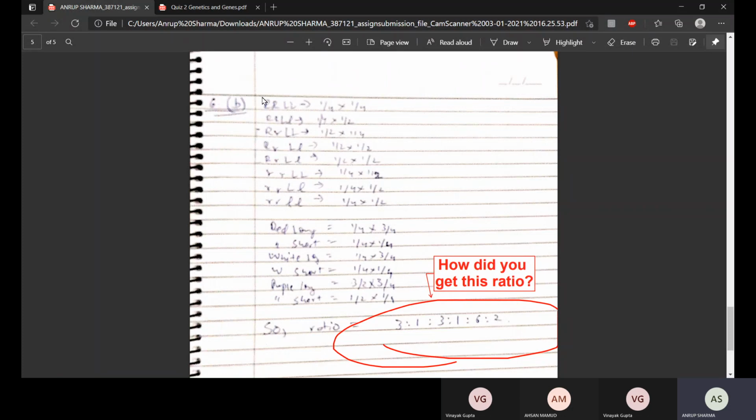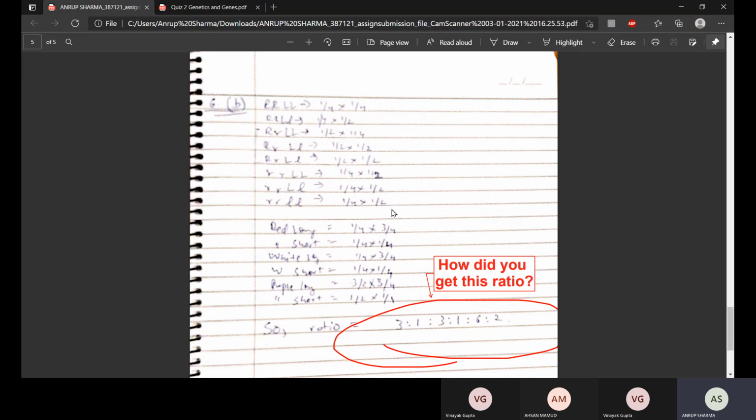I'm not asking for marks for the ratio part, but you said it is a step-based marking system. This is just a cross between Rr Ll and Rr Ll.